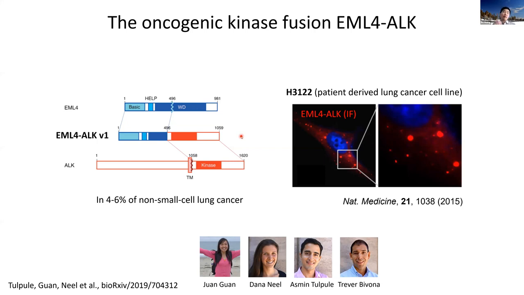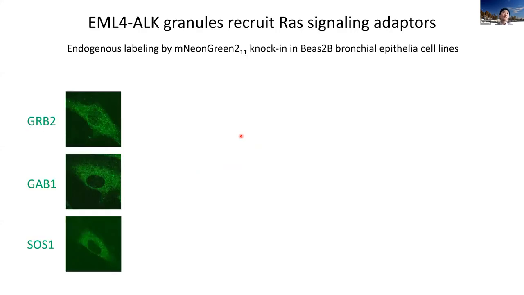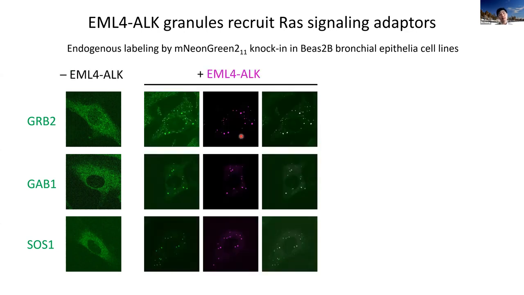So, taking advantage of our ability to endogenously tag proteins at scale, we've taken an imaging-based approach. Basically, using our mNeonGreen 2 11 knock-in, we tagged everything in the RAS signaling pathway and imaged them in the cells expressing the EML4-ALK protein to see whether they are enriched in those protein granules.